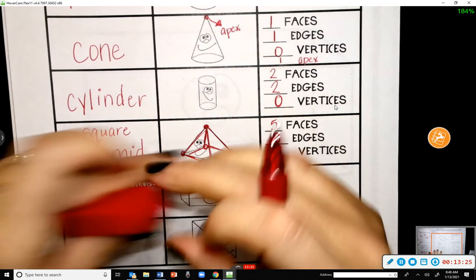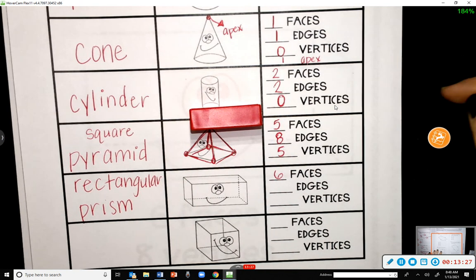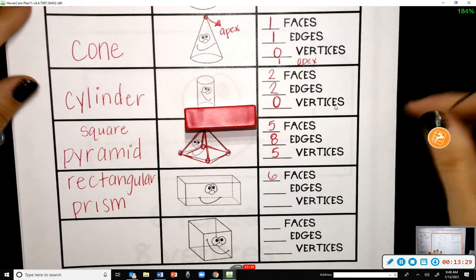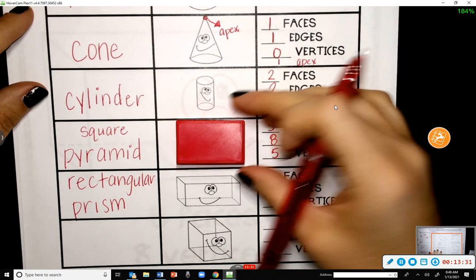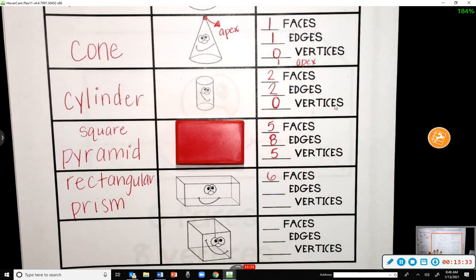Edges. Go ahead and count the edges. Okay, what is it? How many edges did you get? 12. Oh, I hear 8. I hear 12.